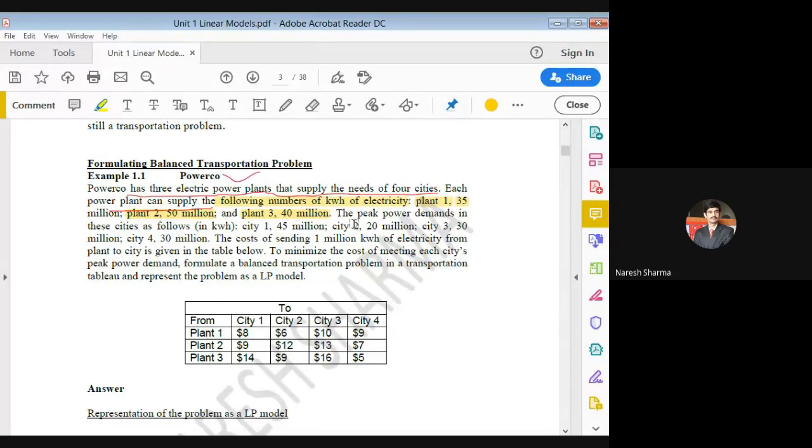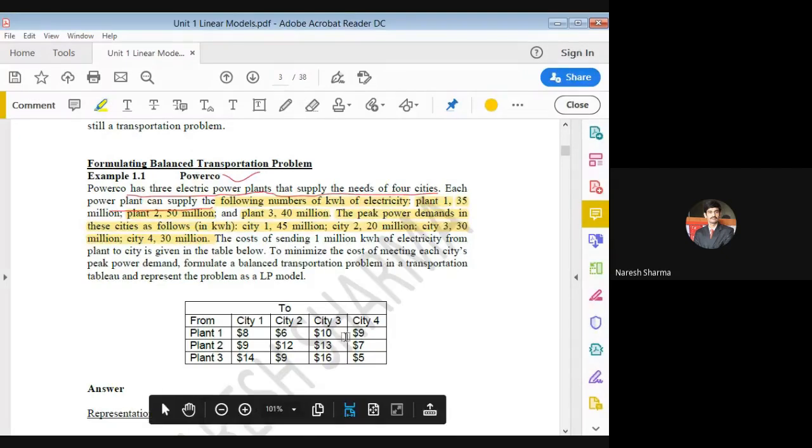That is its capacity to supply, we say, and the peak power demands of the cities are respectively as follows. City 1 demand is 45 million, city 2 demand is 20 million, city 3 demand is 30 million, and city 4 demand is 30 million. The cost of sending 1 million kilowatt-hours of electricity from a plant to a city is given in the table below.